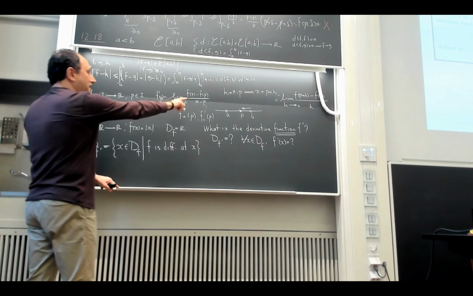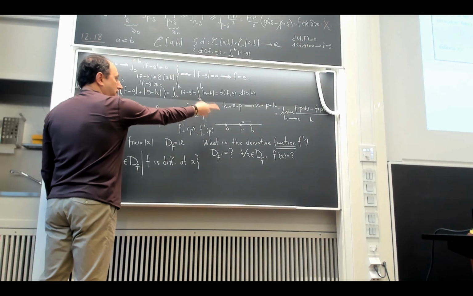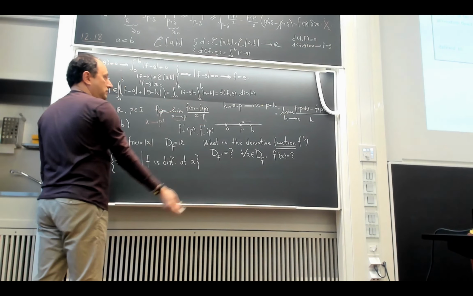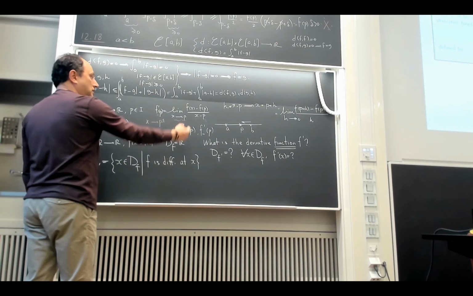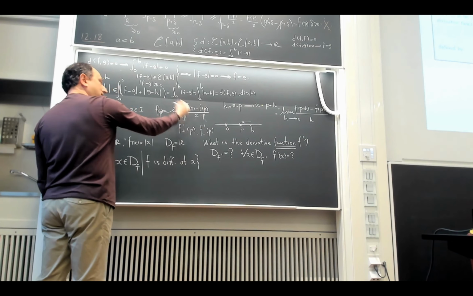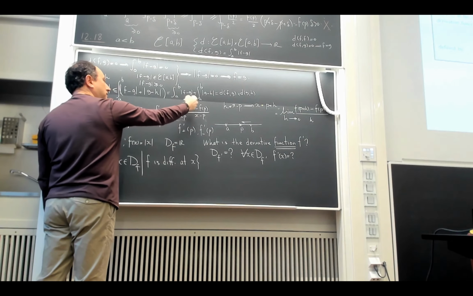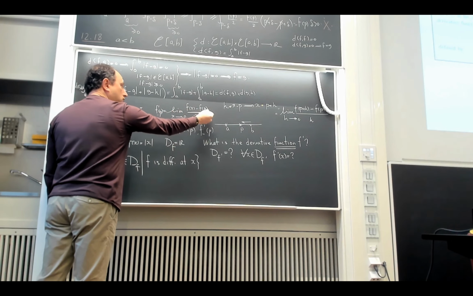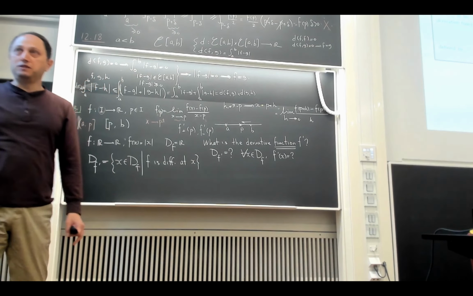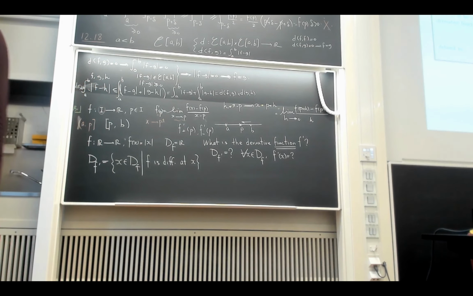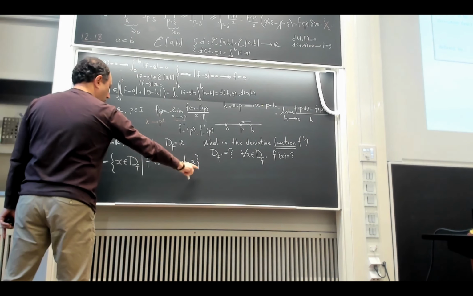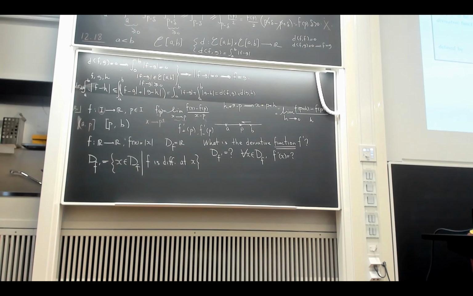Because if p is not in the domain, the formula does not make sense at all. I want to have this and then take the limit. In order to set this up, I need to have f of p. So this means p has to be in the domain of the function. I haven't written it in the notes, you can write it. So the domain of the derivative is defined in that way.